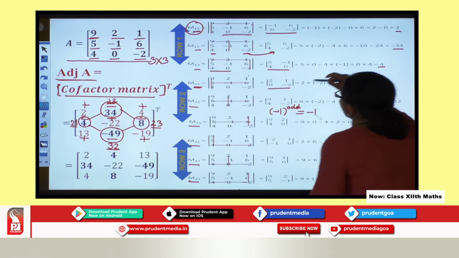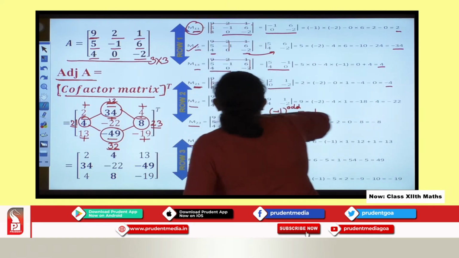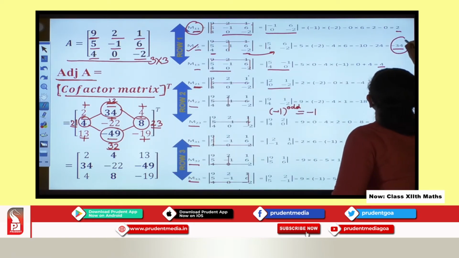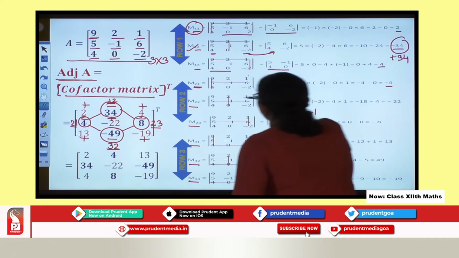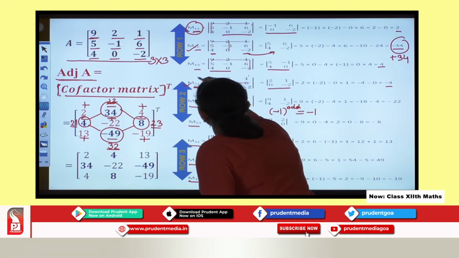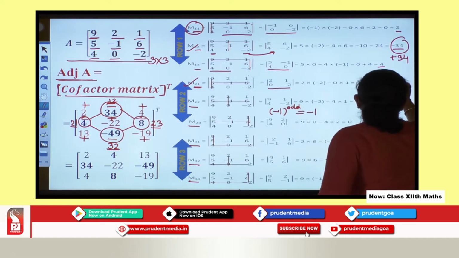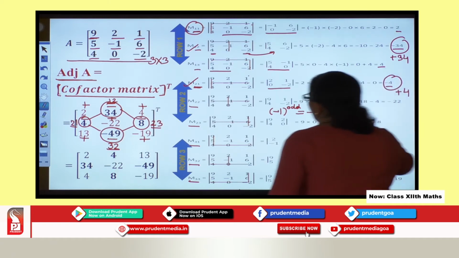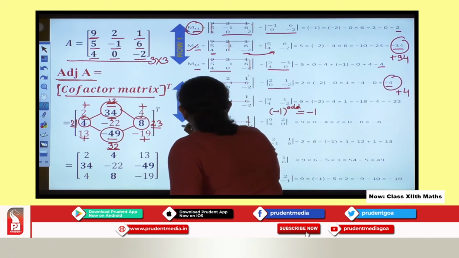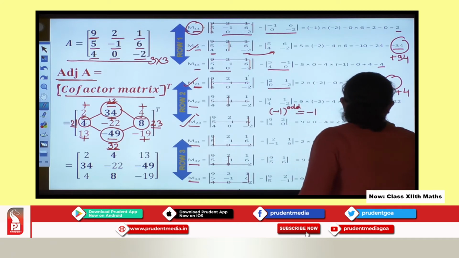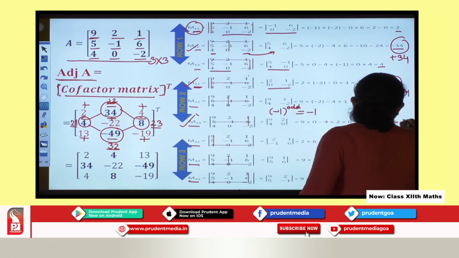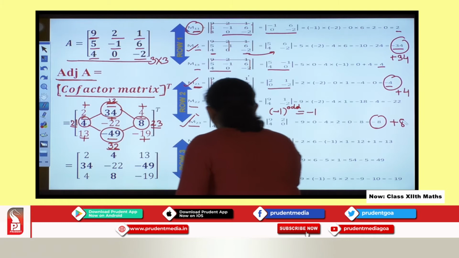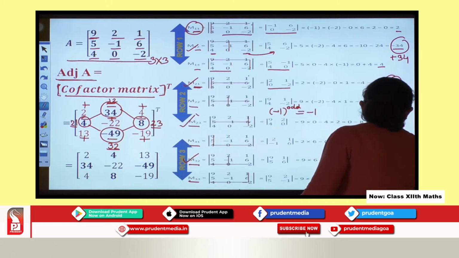Now you can see 1, 2, so this will become plus 34. Okay, I talk about the second one now. So this minus 4 will become plus 4, and I am talking about this entry. So this minus 8 will become plus 8. And when I talk about this here, you get 49.